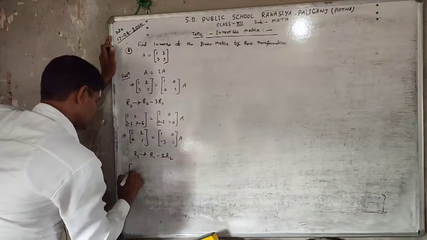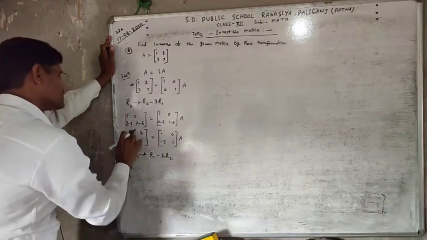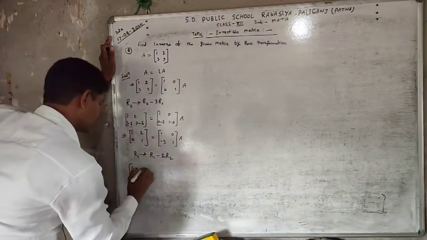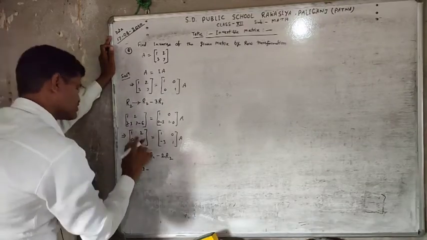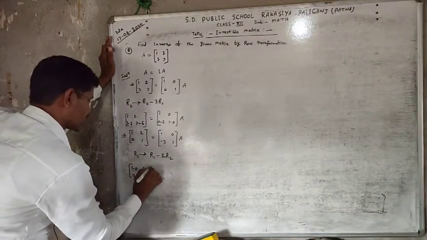Then the matrix we get is 1 minus 0 into 2 is equal to 0, and 2 minus 1 into 2 is 0, and 0, 1.